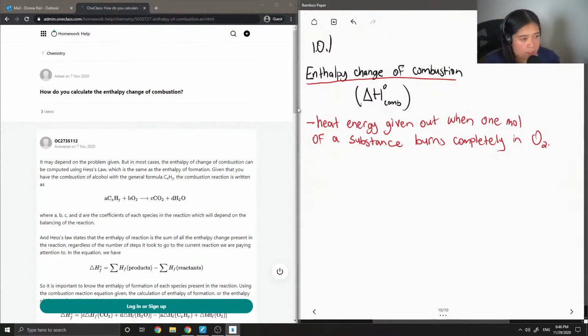Okay, so let's have an example. So let's say we had a hydrocarbon, propane, plus oxygen.